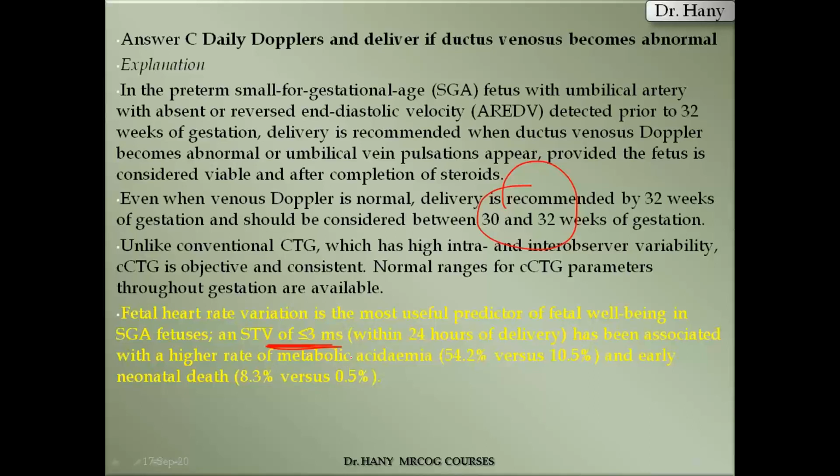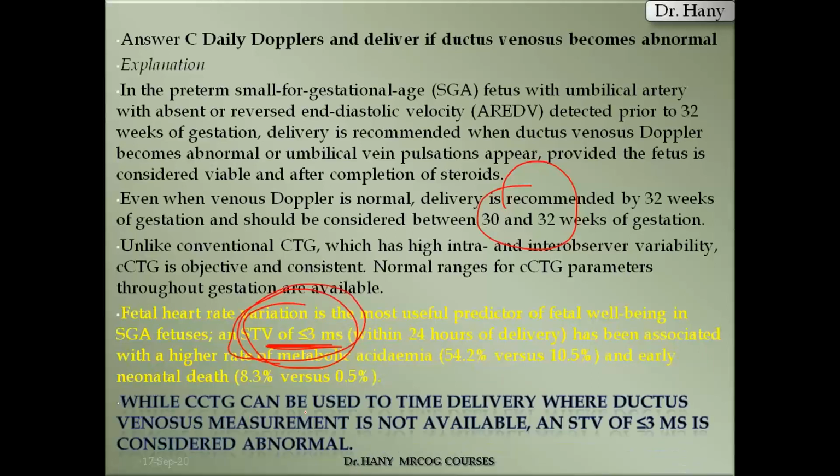So if I don't have umbilical artery or ductus venosus Doppler in my unit, or the fetal medicine unit is closed, I will depend on what? On the short-term variability of the CTG. So the CTG can be used to time the delivery where ductus venosus measurements are not available in your unit, or the fetal medicine unit is closed at midnight.